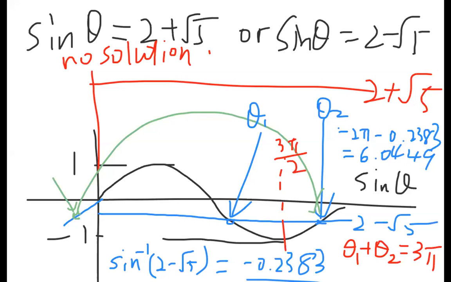So you subtract theta 2 that we just got, 6.0449, from 3 pi. Then you get 3.3799.